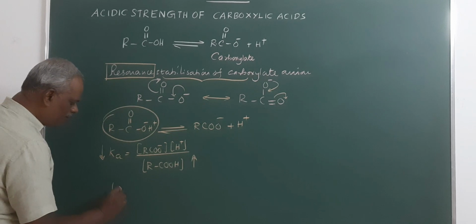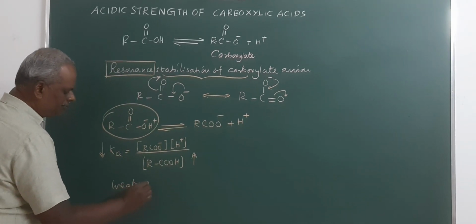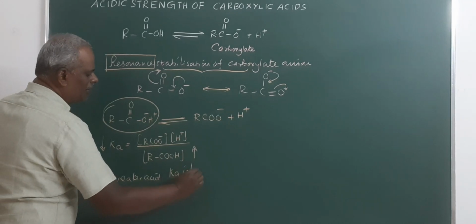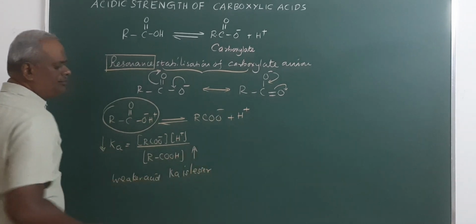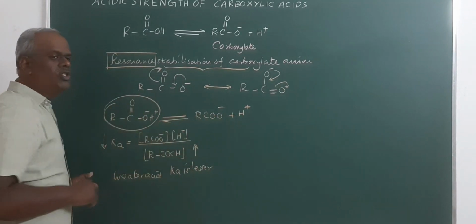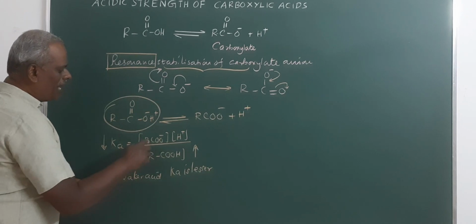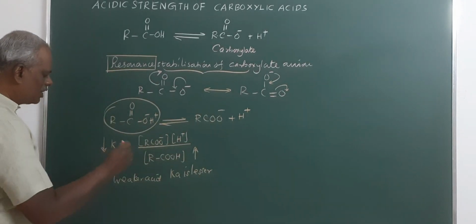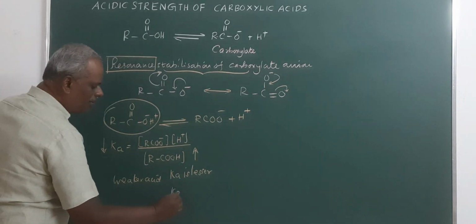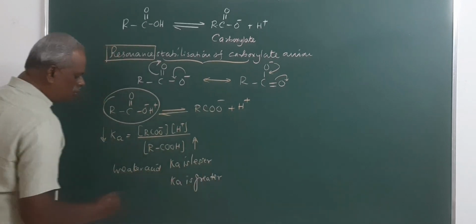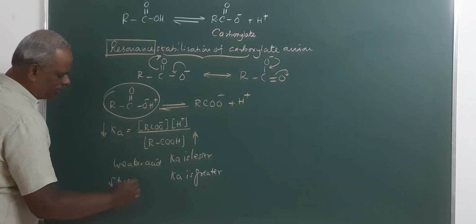So for a weaker acid, the Ka value is lesser. Try to understand. Suppose the acid is completely dissociated, with the majority of molecules dissociated. We then have a greater concentration of carboxylate and H plus, so the Ka value is greater, and this applies to a stronger acid.